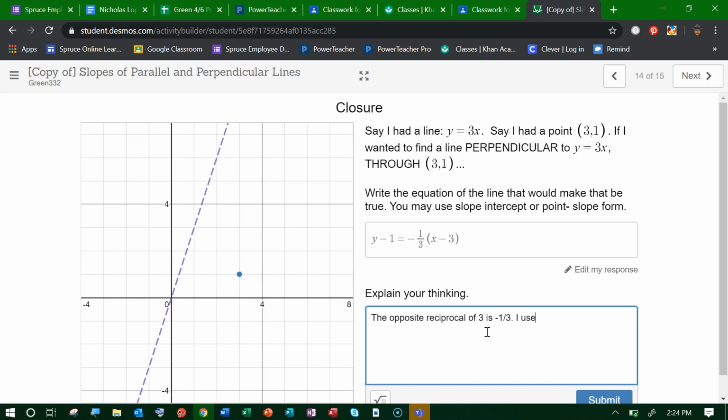I used the point (3, 1), x1, y1, and substituted it.